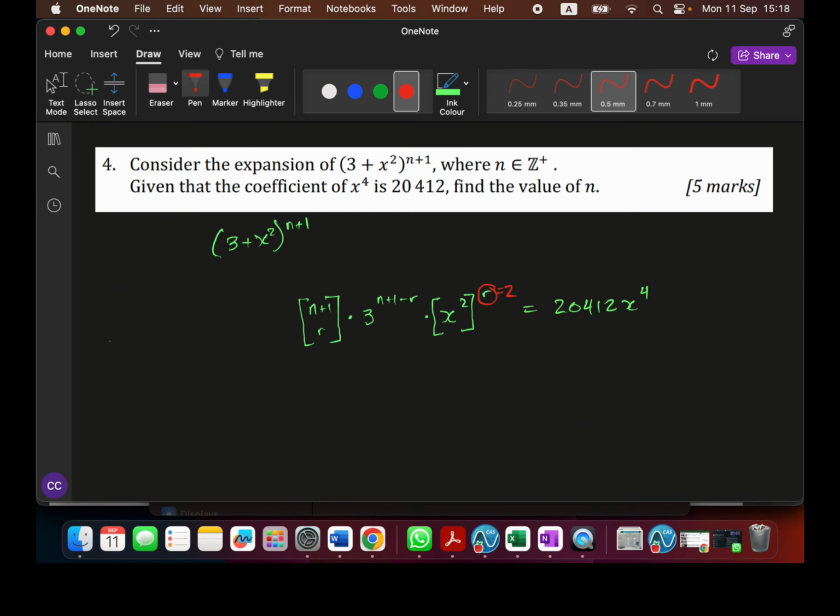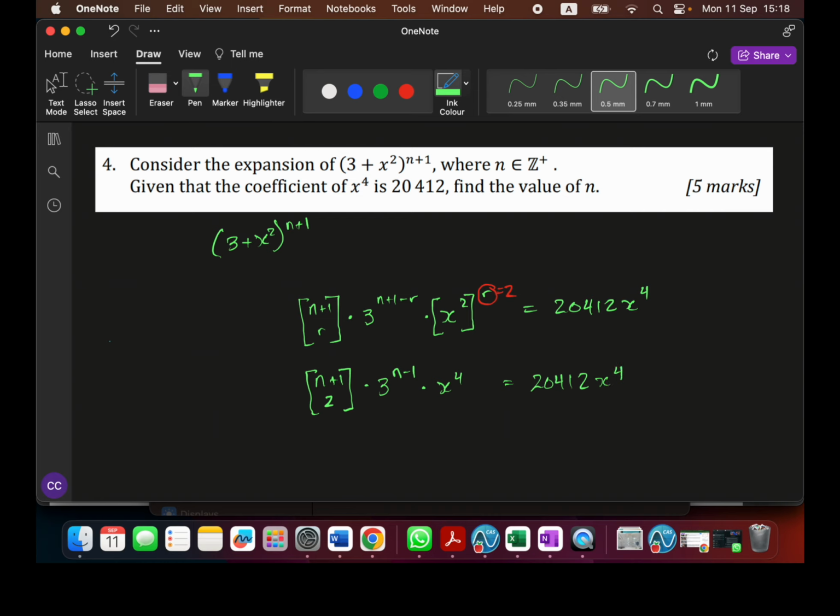So just by doing that, we've already figured out that this is n plus 1 choose 2, times 3 to the n plus 1 minus 2, so I've got minus 1, times x to the fourth, is the same as 20412 x to the fourth.